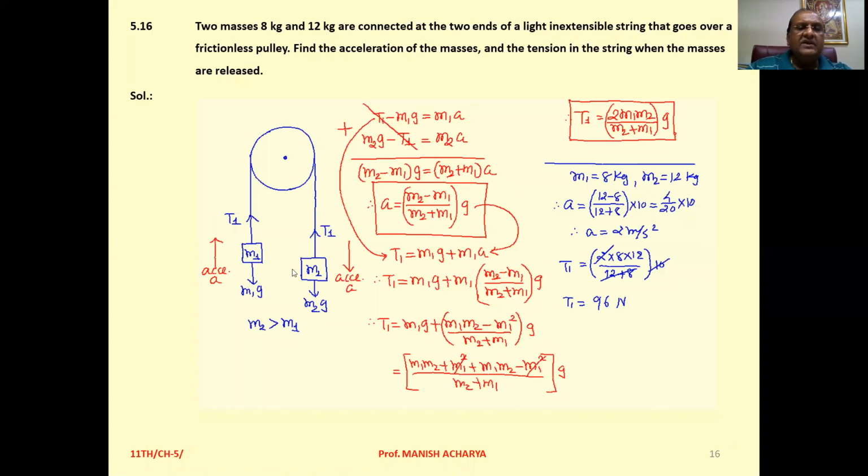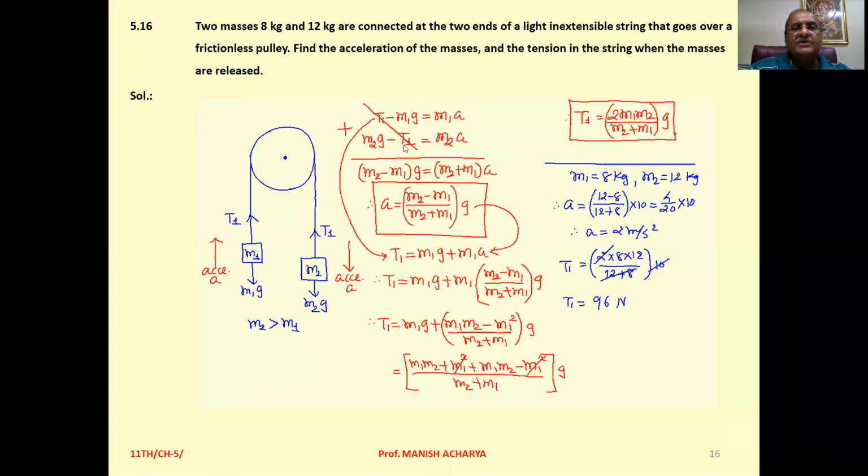Similarly, the equation of motion for mass M2: M2 is moving in downward direction with acceleration a. So we can write the net force, M2g minus T1, the second equation, equal to M2a.